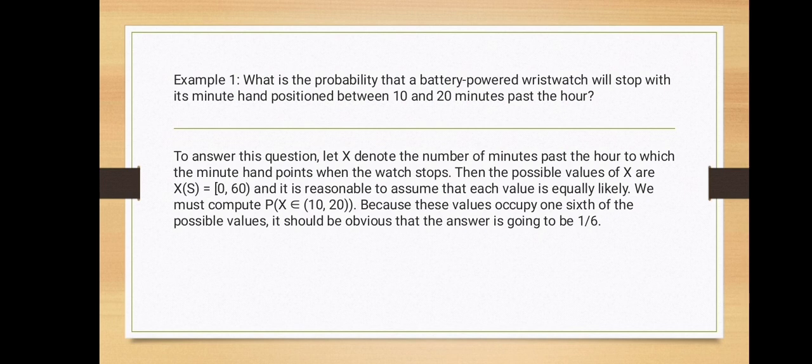To answer this question, let x denote the number of minutes past the hour to which the minute hand points when the watch stops. Then the possible values of x are x in [0, 60), and it is reasonable to assume that each value is equally likely.